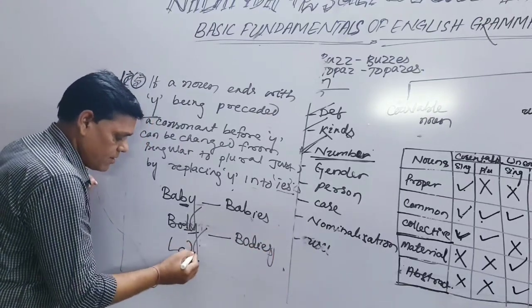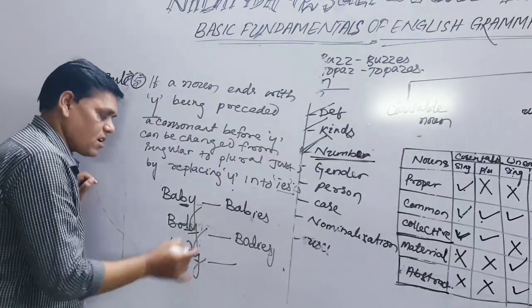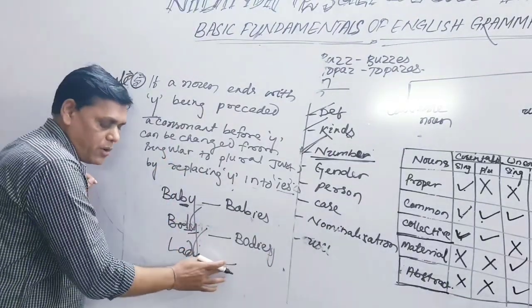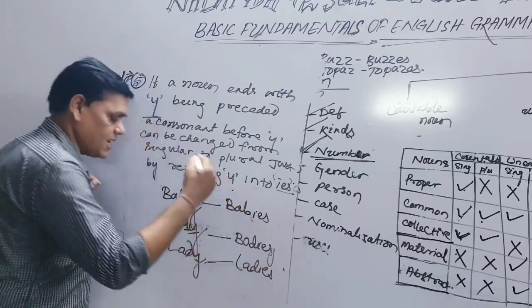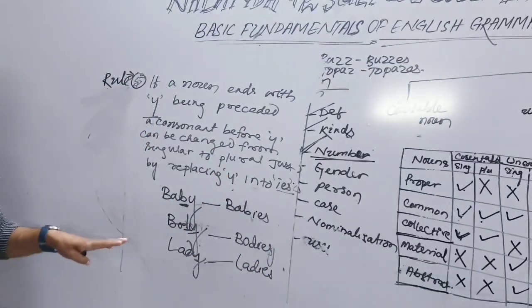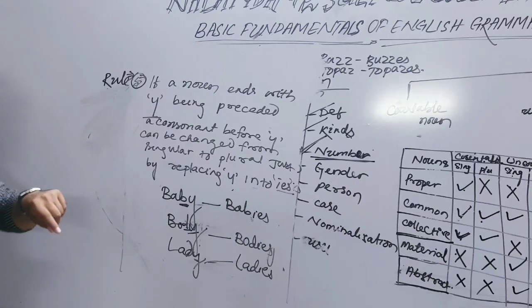Lady is a countable singular, and while changing it into plural, ladies, L-A-D-I-S. All of you clear, students? In this process, we can change the nouns from singular to plural.